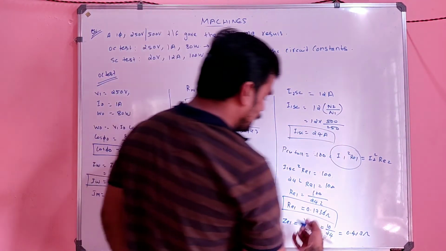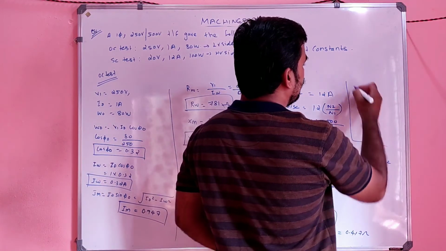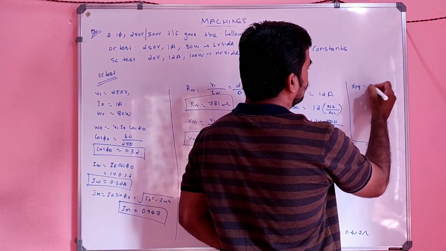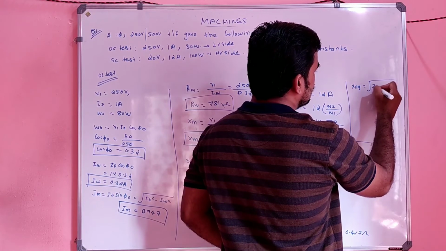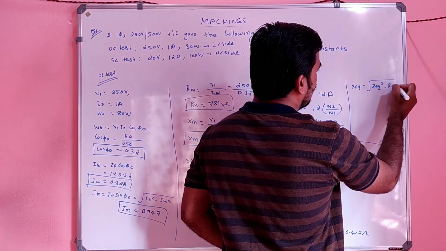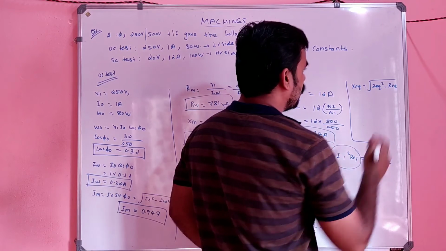0.417 ohm. If you have the value of Z equivalent, then what will be X equivalent? It will be the square root of Z equivalent square minus R equivalent square, or ZE1 square minus RE1 square.